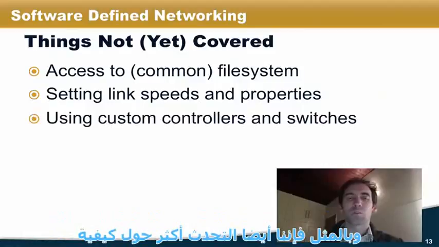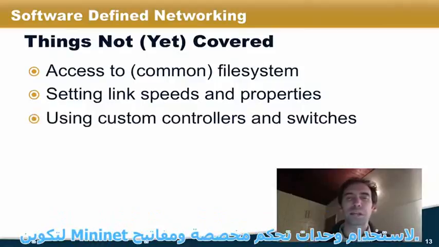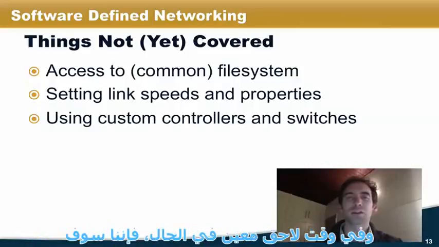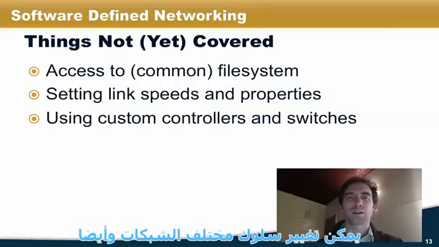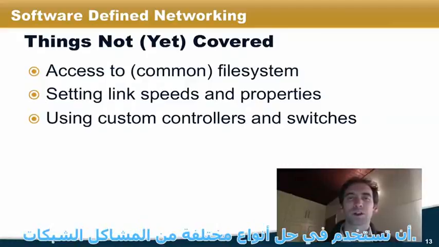Similarly, we will also talk more about how to configure Mininet to use custom controllers and switches. And in particular, later in the course, we will explore how the use of custom controllers and switches can change the behavior of various networks and also be used to solve different types of networking problems.